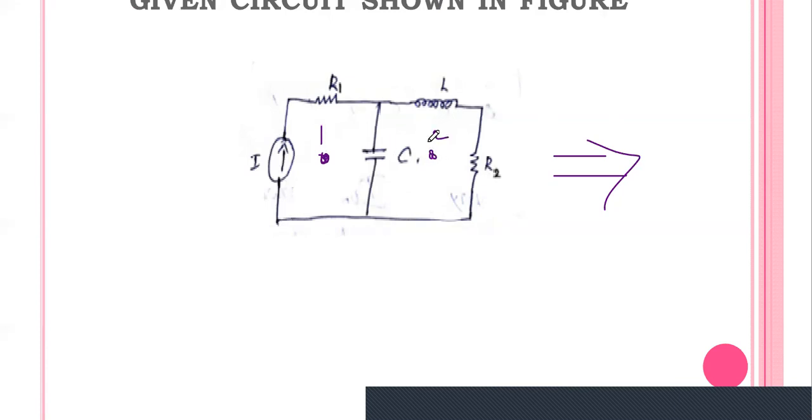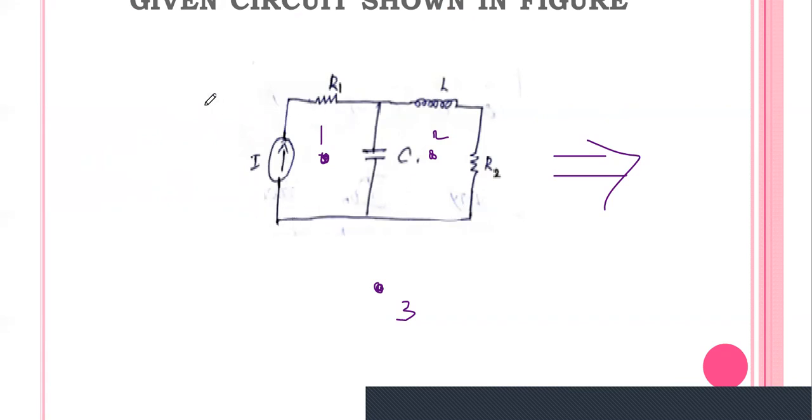Except for these nodes, we have to place one more node. This node is called a reference node. In each loop we place one node, and additionally we place one more node, which is called the reference node. Always in our diagram, you see this path is a reference node.